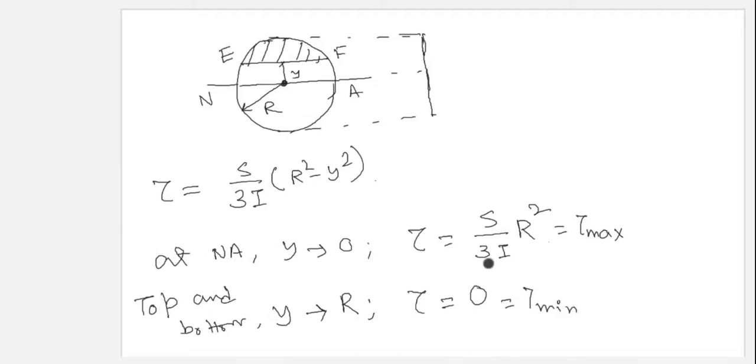Now, what is the I? I is the moment of inertia of the beam section about NA. Right? So, what will be the I?